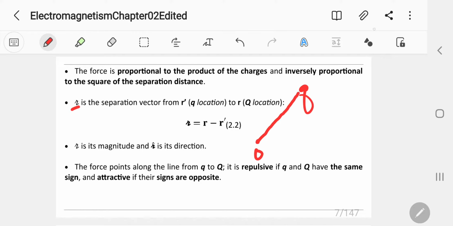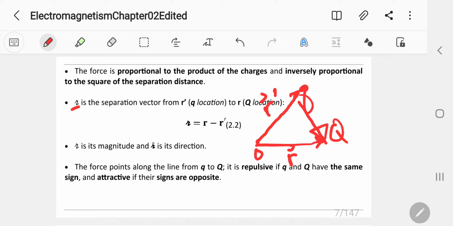This is r prime, and you have q here, which is r. The separation distance between them is this one here. I'm sorry, this should be opposite this one here.